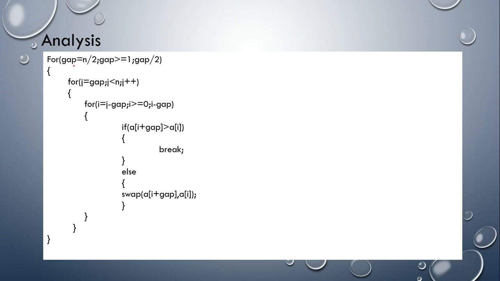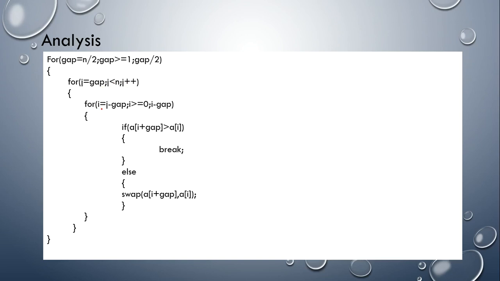Here we find n by 2, and we continue finding the gap value until it becomes 1, each time with gap by 2. Now j is equal to gap, and we increase the value of j up to n, that is j less than n and j plus plus.